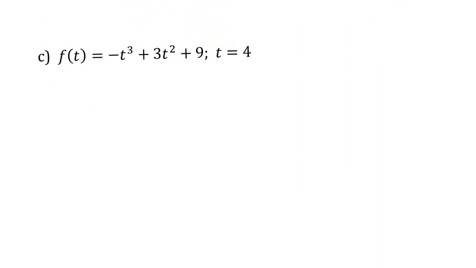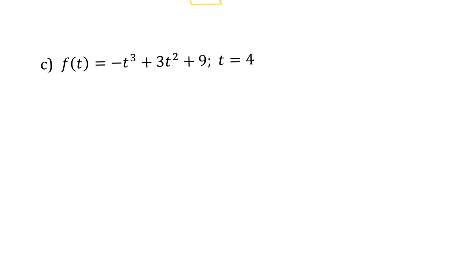Okay, one more. f of t equals negative t cubed plus 3t squared plus 9, where t is 4. Okay, f of 4. Negative. Now you don't have to put the 4 in parentheses here, but you need to be careful because the negative is not in the parentheses for sure. Okay, so the negative has to hang out here.